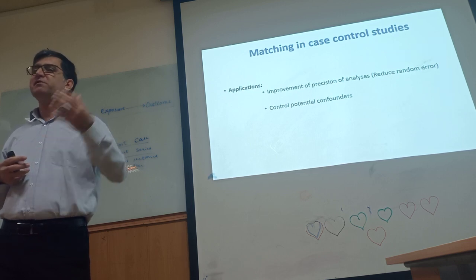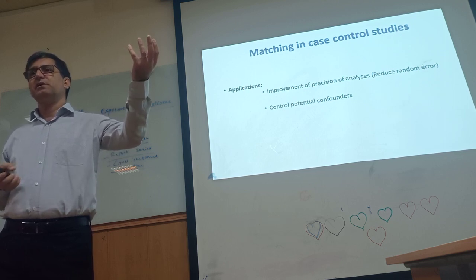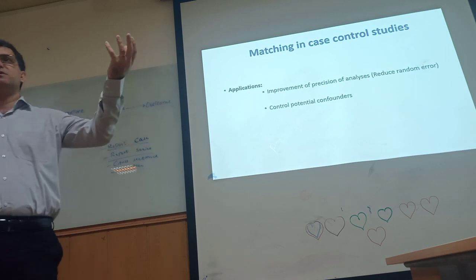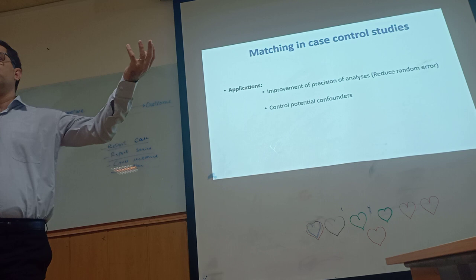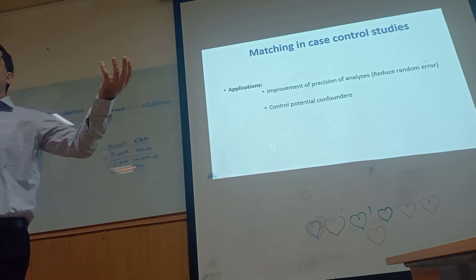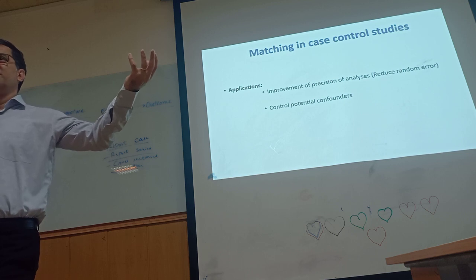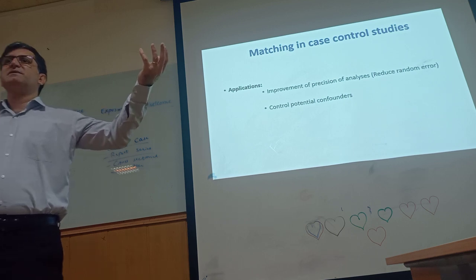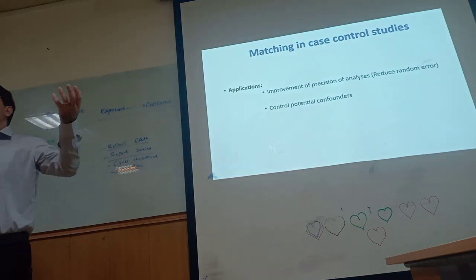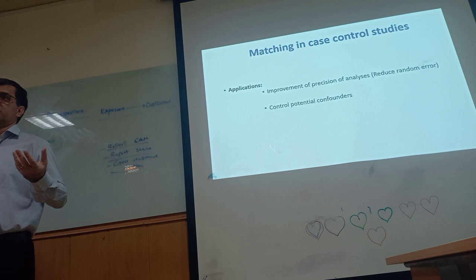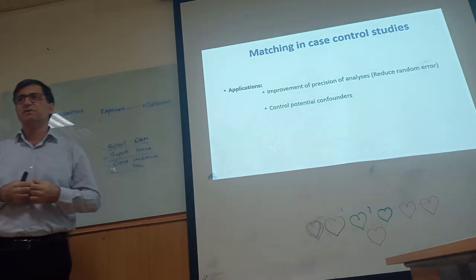So, for example, if we select a case of 50 years old for a study of breast cancer, we should select a control of 50 years old to make sure that the only difference that exists between cases and controls is the exposure of interest. And age cannot confound this association.